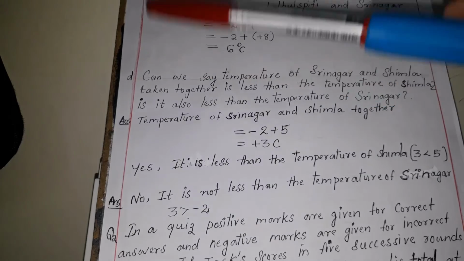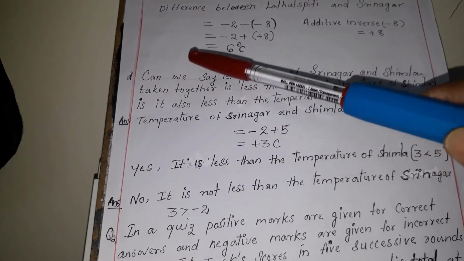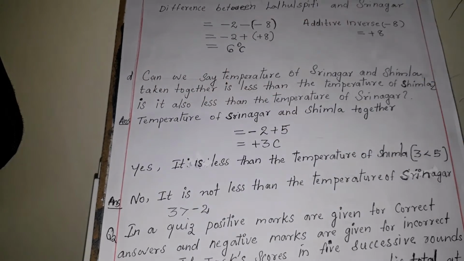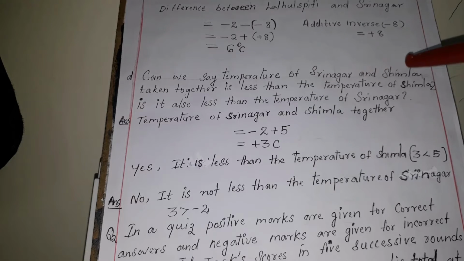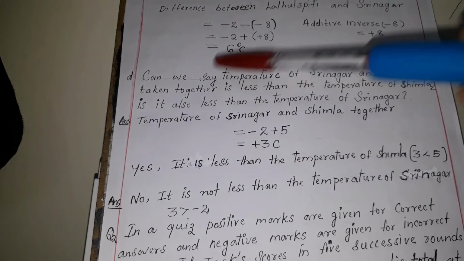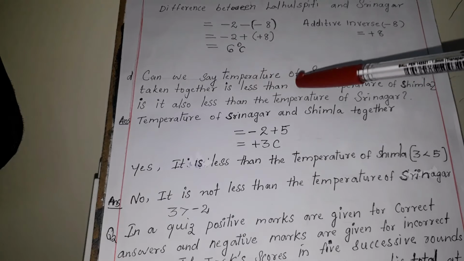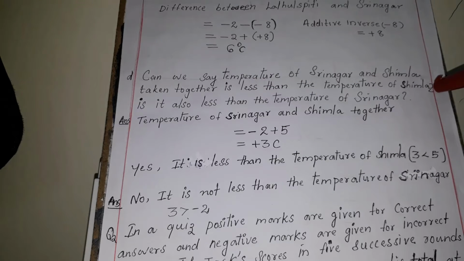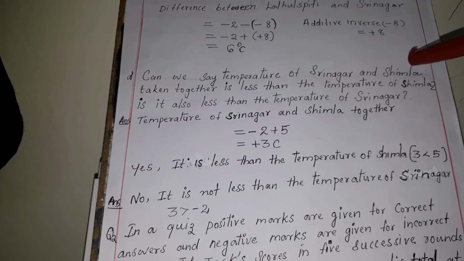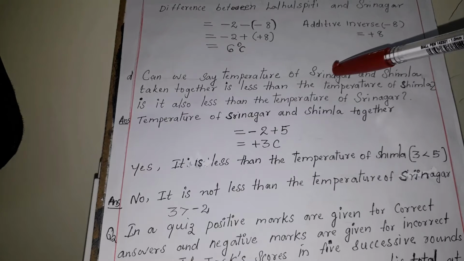Okay. Then question bit D, can we say the temperature of Srinagar and Shimla taken together is less than the temperature of Shimla? So first we find the sum of the temperatures of Srinagar and Shimla. What is the temperature of Srinagar?